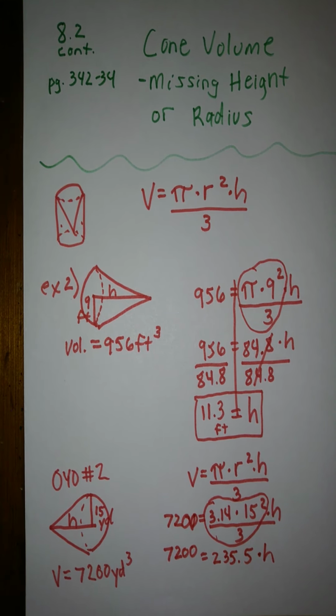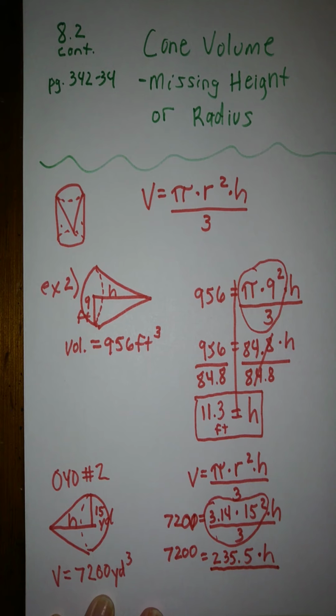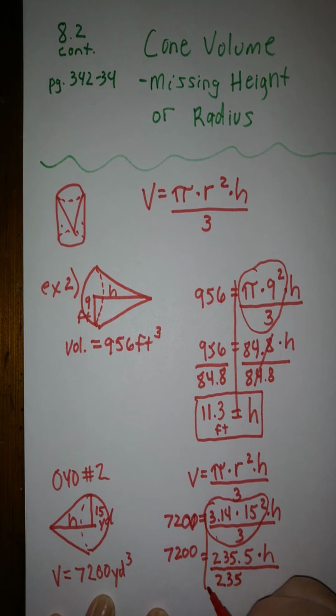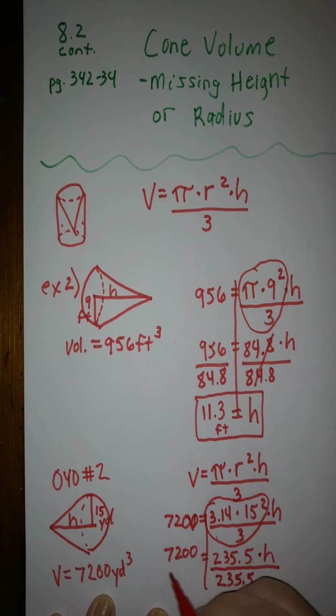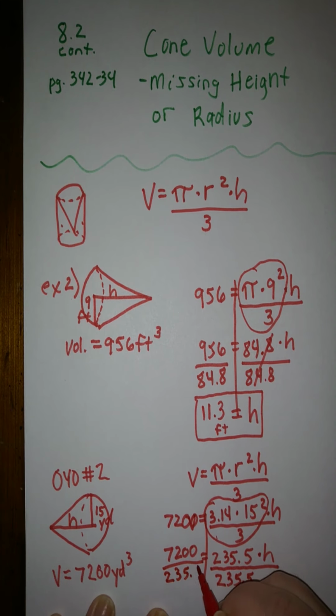Okay, so now to get the h by itself, we have to undo that multiplication. Remember from our experience with equations, that means you got to divide both sides. So divide both sides by 235.5, and over here, same thing, 235.5. Okay? So these cancel out, and h by itself is what we wanted.